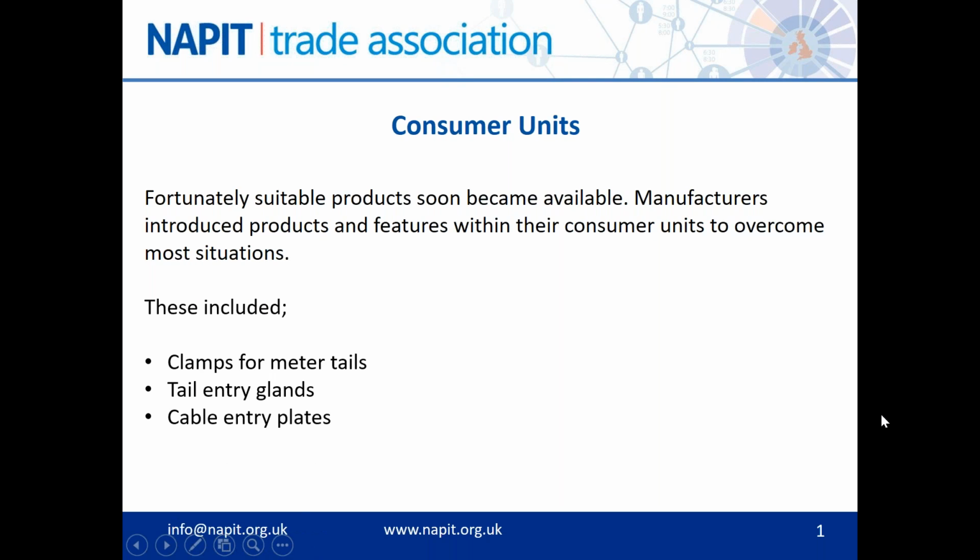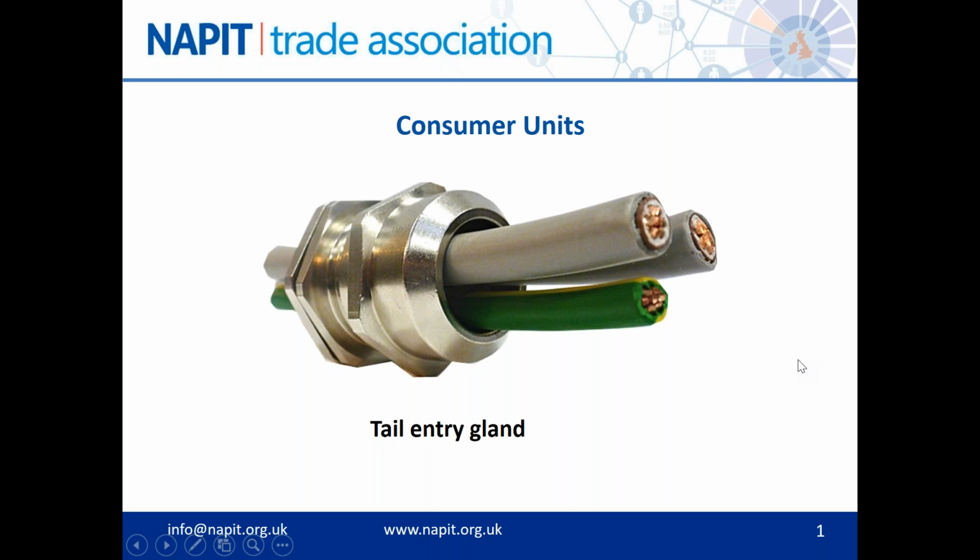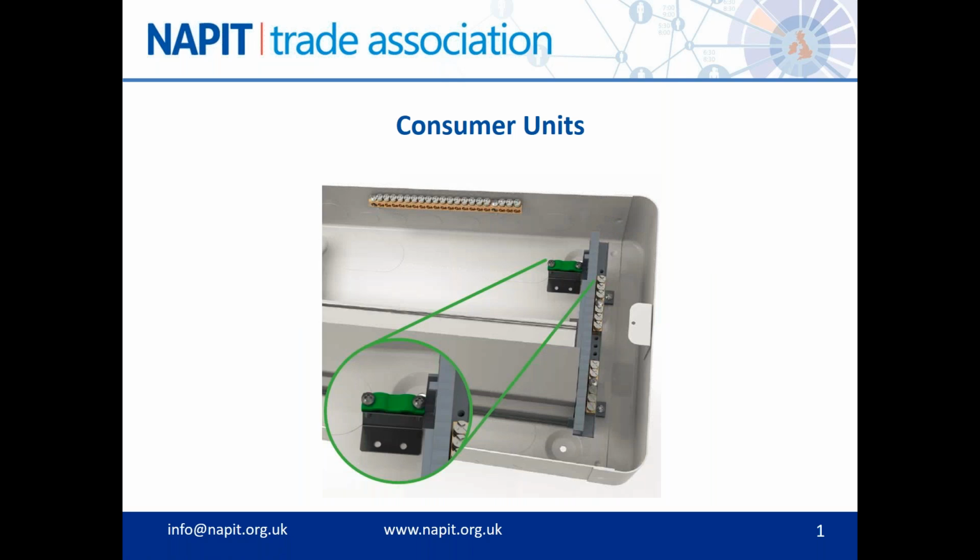So we've got tail entry glands or even cable entry plates. The glands are very good if you're coming through the top entry through the pre-made holes. However, if you're going back entry of the consumer units, there are cable grips in the back to help stop the cables coming loose.